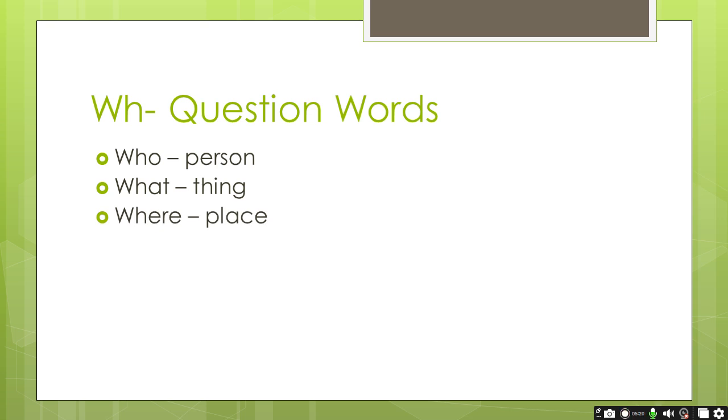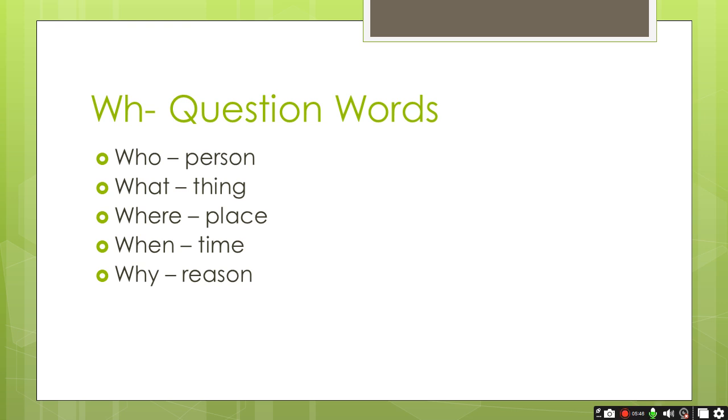The WH question where. Whenever you hear a question starting with where, you have to know that they're asking about a place. For example, where are you from? WH question, when. They use this when to ask for time.